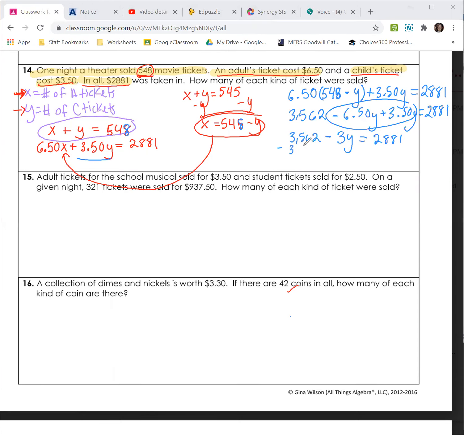So I need to subtract 3,562 from both sides. Okay, I end up with negative 3Y equals a negative 681. Okay, and then when I divide by my negative 3, I'm going to have Y equals 227.